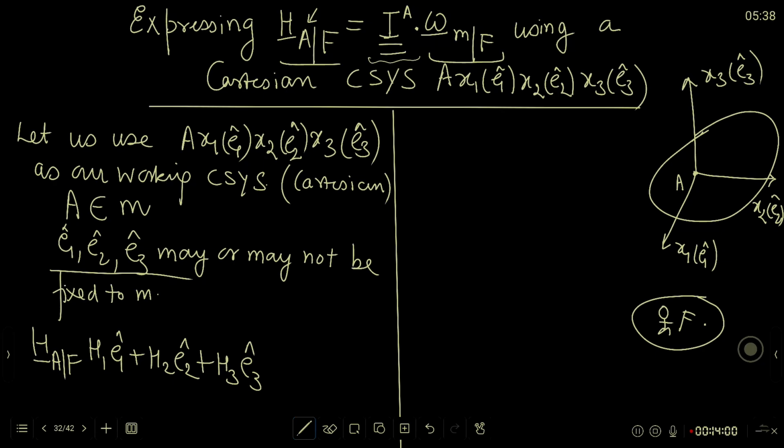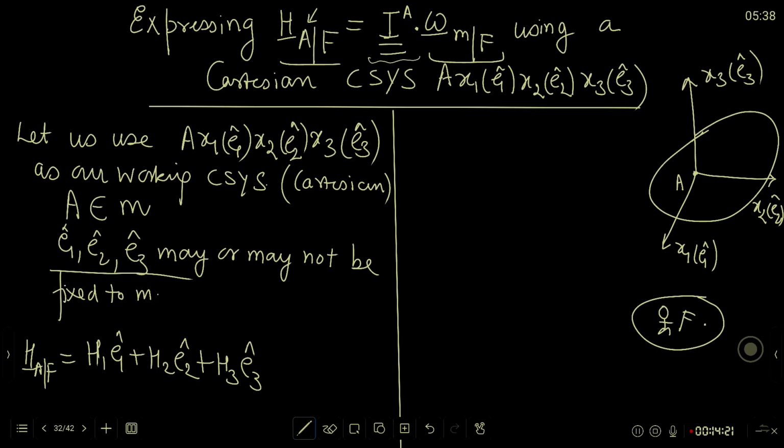I can always express HAF as H1 E1, H2 E2 and H3 E3, where H1, H2 and H3 are scalar components of HAF along E1, E2, E3.